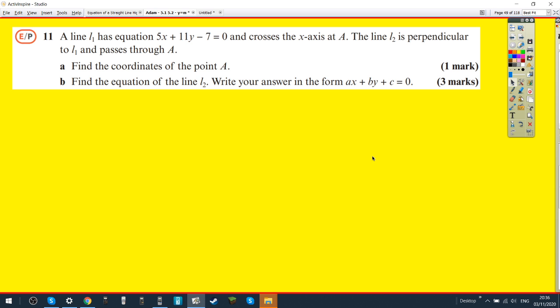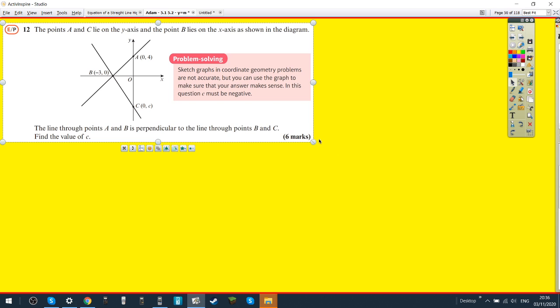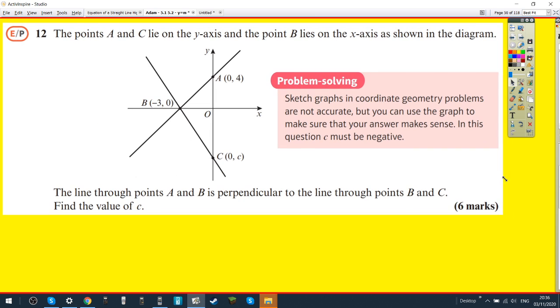Coordinates of A, so that's very similar. This looks weird, but I do like when they give me diagrams. The line through A and B is perpendicular. Find the value of c. Oh, that's much harder than it looks. Alright, let's do it.